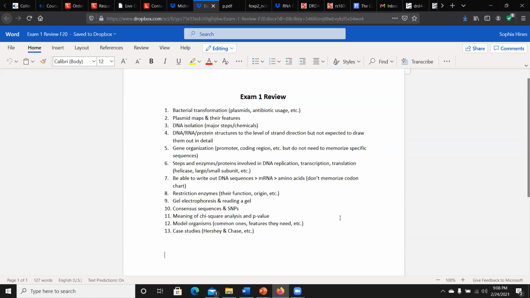So yeah, it's all fair game for the test, but the case studies are meant to help you understand the topics that were talked about in the book in more detail. Like how today's case study talked about FOXP2, my questions aren't going to be about FOXP2, but because we reviewed plasmids, we've done review on transcription and translation and all of those kinds of things.